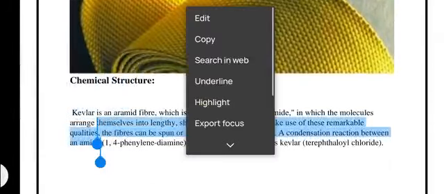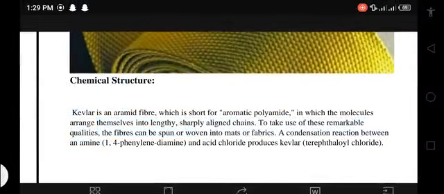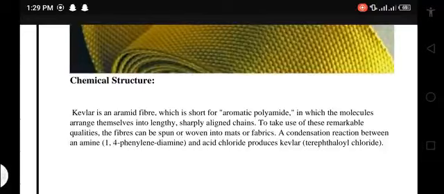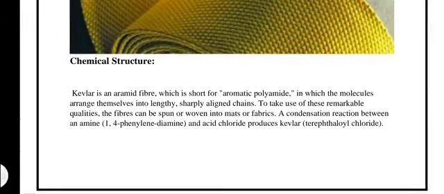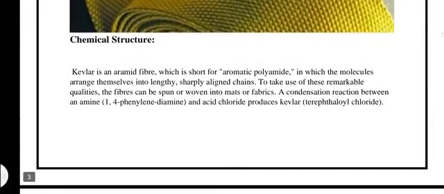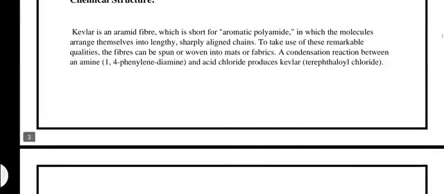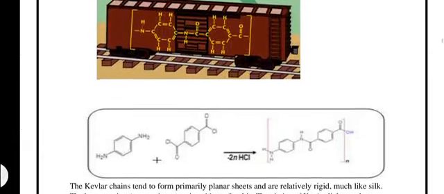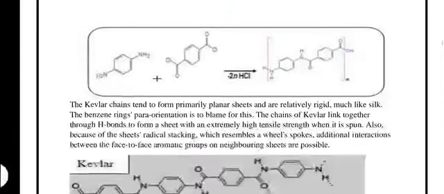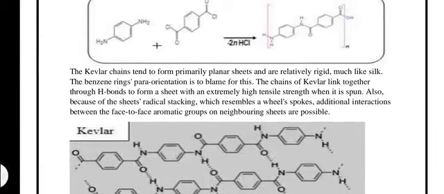Then here is the chemical structure of Kevlar. Kevlar is an aramid fiber, which is short for aromatic polyamides, in which the molecules arrange themselves into lengthy, sharply aligned chains. To take advantage of these remarkable qualities, the fiber can be spun or woven into mats or fabrics. A condensation reaction between an amine and an acid chloride produces Kevlar. The Kevlar chains tend to form primarily planar sheets and are relatively rigid, much like silk.